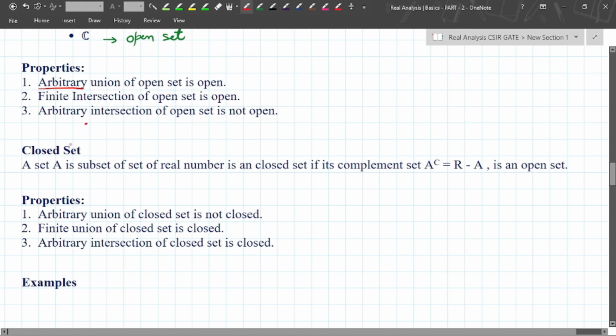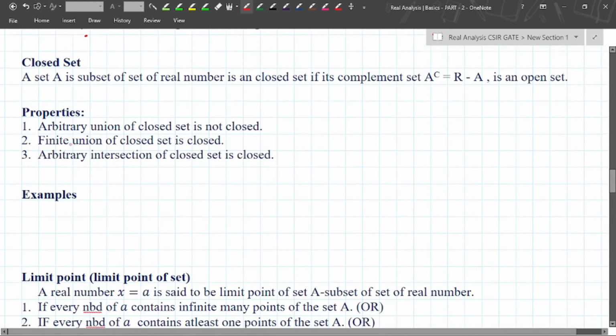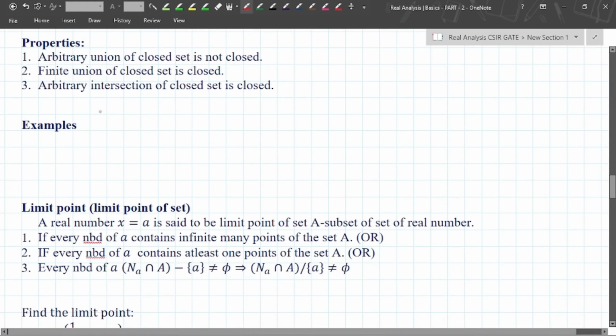Now we'll see the examples related to this. For example, let's say I have minus infinity to a, union a to infinity. Okay, a is not contained in this. This is an open set, and this is also an open set.